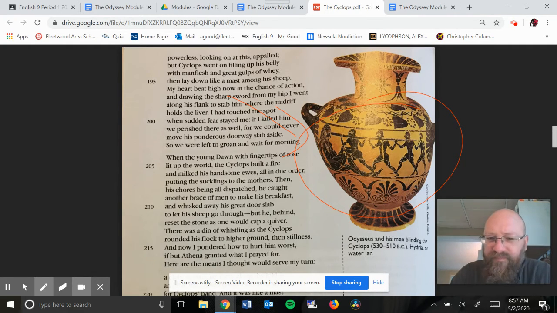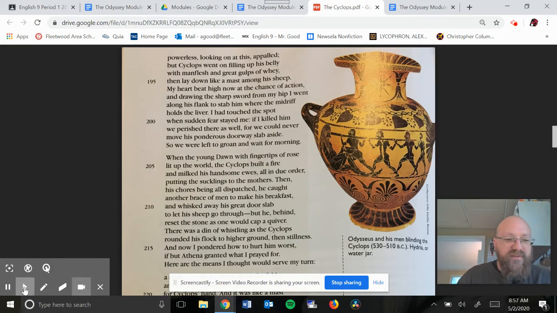Do you notice one soldier, two, three, four, and then a Cyclops? They're holding this long timber, this one right here, okay? And this is from a hydria, or a water jar, from way back when, 530 to 510 BC. And this story we're reading is so culturally relevant.